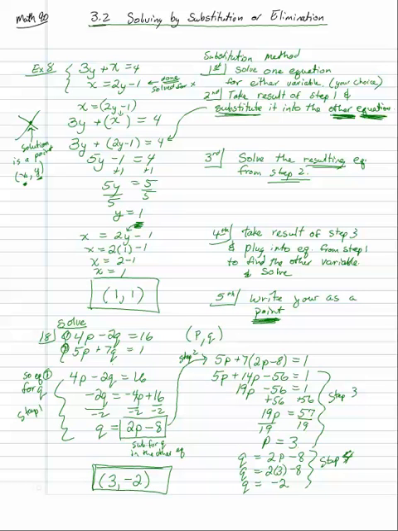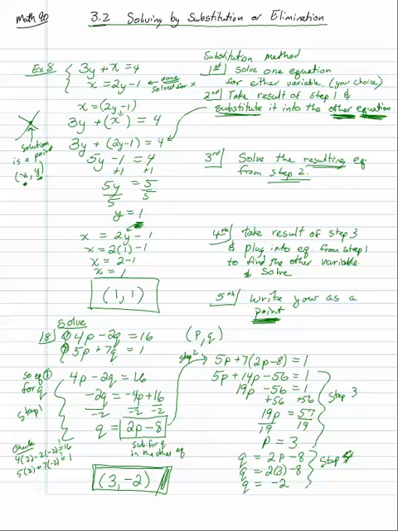Now, I haven't been doing it, but I should. How do you check to see that this is the solution? Well, it's just like we started the first section: you're going to plug (3, negative 2) into both equations and see if it's a true statement. So I plug in 4 times 3 minus 2 times negative 2, to see if that equals 16, and then do it for the bottom one also. 5 times 3 plus 7 times negative 2, does that equal 1?